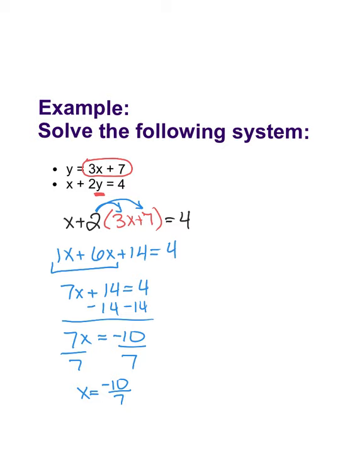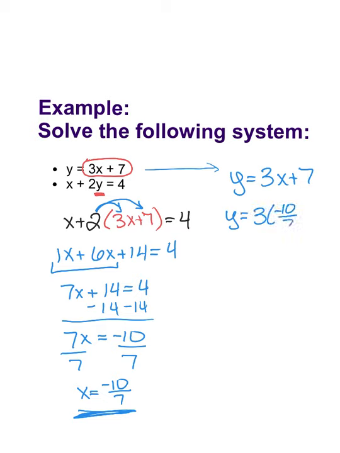Now I go back to the original equation, and I'm going to pick which one looks easier to plug in an x. I would pick the top, for me; you could pick the bottom if you'd like. y equals 3x plus 7. I know down here x is negative 10 sevenths. So y equals 3 times negative 10 over 7 plus 7.